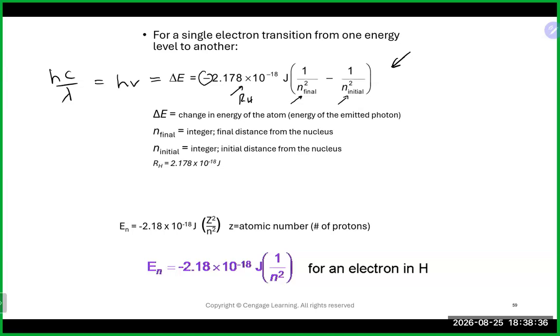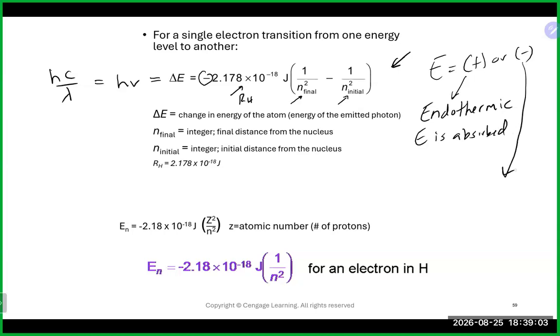Now, when you do calculate energy, there are a couple of things that are important here. First off, energy can be positive or negative, and it is important to keep it positive or negative. If you have a positive value for energy, that is typically an endothermic process, and that is where energy is absorbed.